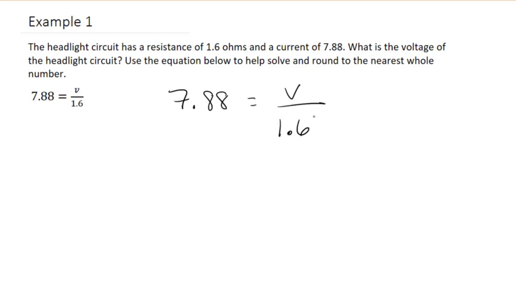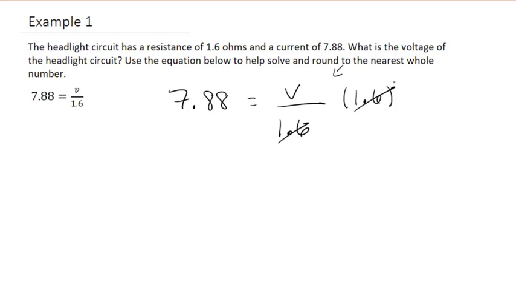To undo this multiplication, which is shown right here, we will multiply by 1.6. Now, when we multiply, these cross out as 1.6 over 1.6 is equal to 1.